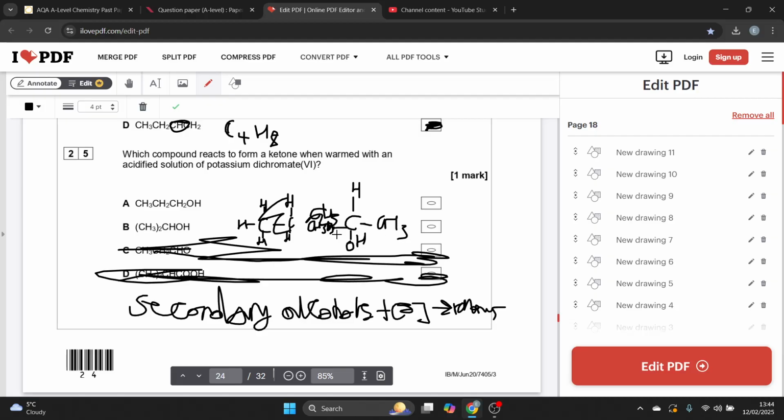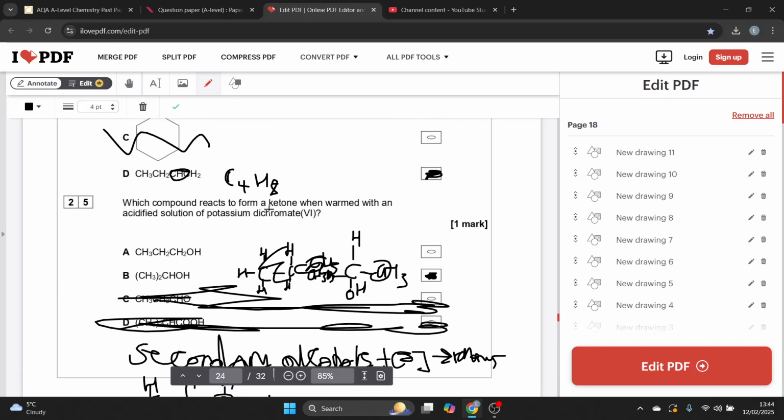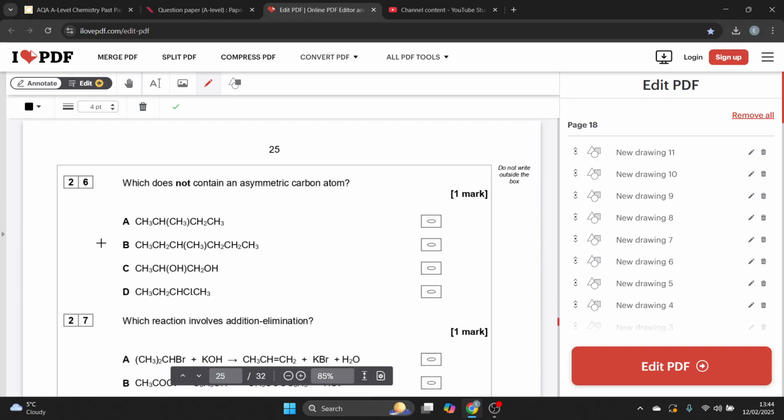And if you look at that, that is a secondary alcohol, therefore it will be oxidized. Or, you know it's not C and D because C is an aldehyde, D is a carboxylic acid. So then you look at A, and if you draw out A, that's a primary alcohol. And primary alcohol oxidizes to aldehydes, not a ketone, so it definitely can't be A. Therefore, you're left with B via elimination.